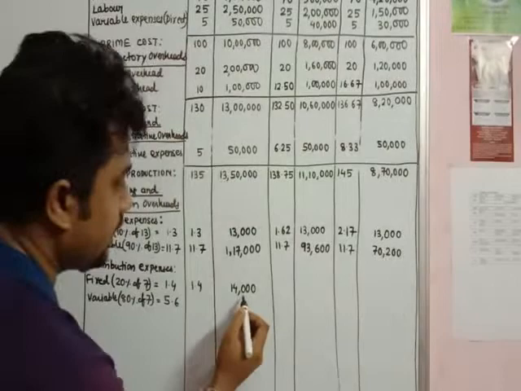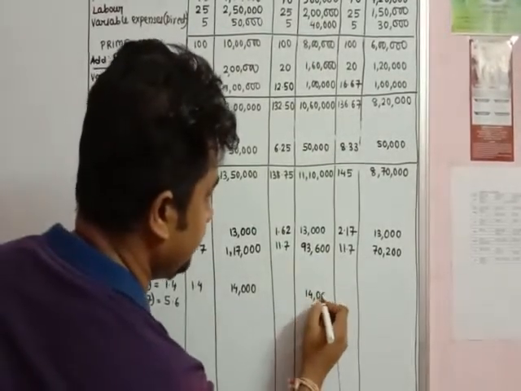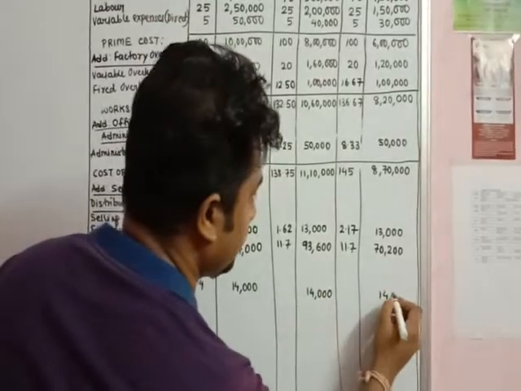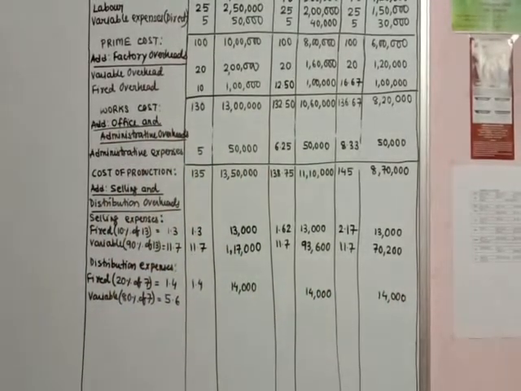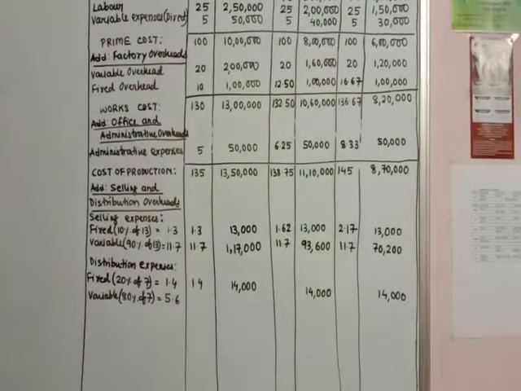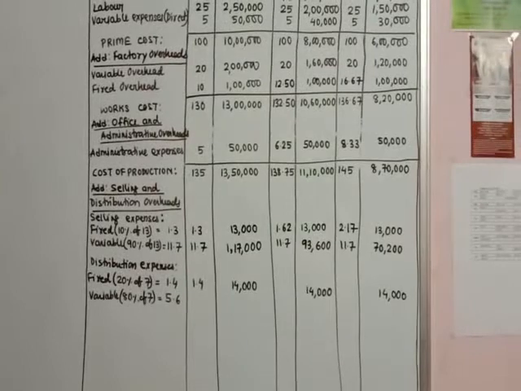Now this 14,000 will remain fixed at all levels. I repeat, the total fixed cost remains fixed at all levels of production: 14,000 each time. But the cost per unit will vary.